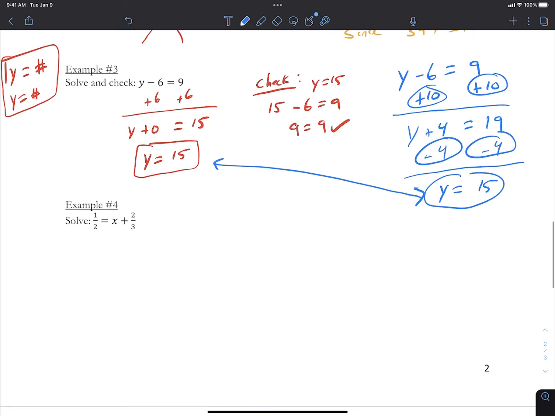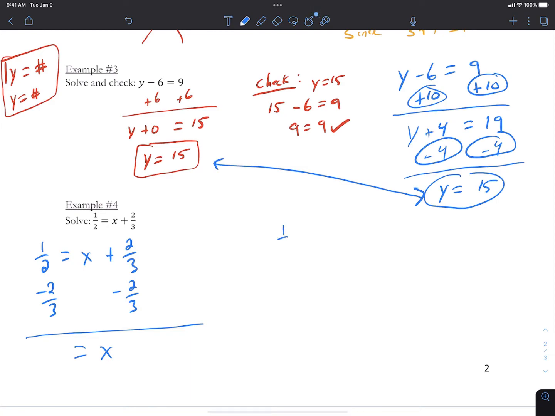So example 4, we have 1/2 equals x plus 2/3. What I want to do in this case is subtract 2/3 from both sides, and this would leave me with x on the right-hand side, and on the left-hand side I'm just going to have some number. So if I want to subtract 1/2 minus 2/3, I need to get common denominators.